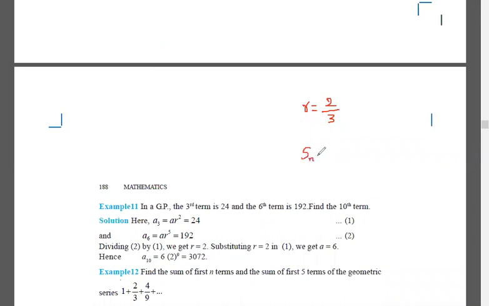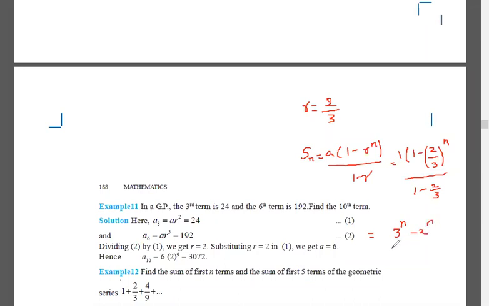Simple formula: Sn is equal to a times (1 minus r to the power n) by 1 minus r, where r is less than 1. Which is a is 1, (1 minus 2 by 3 to the power n) whole divided by 1 minus 2 by 3. So if you see this, it is nothing but 3 to the power n minus 2 to the power n divided by 3 to the power n into 3 minus 2.